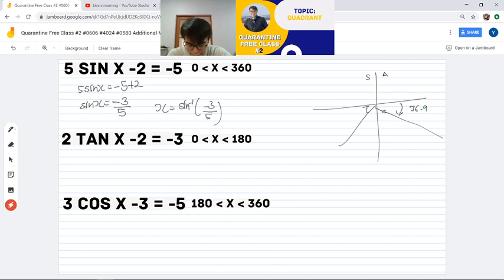To get the exact results, you're required to take 180 plus 36.9 and also 360 minus 36.9. So you should get your respective results as 217 after rounding to three significant figures, and 323 degrees. So these two should be your final results.